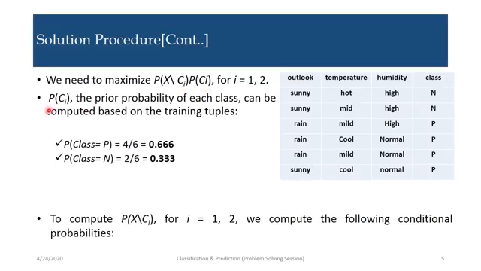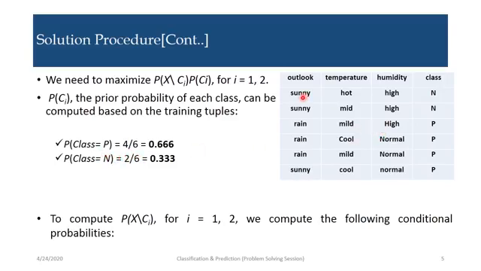Here P(Ci) is the prior probability of each class, which can be computed based on the training tuples. For your reference, I have kept the table here. We have to find out P(Ci) first, that is the probability of class P and probability of class N. Here you can see the probability of class equal to P is equal to 4 by 6.